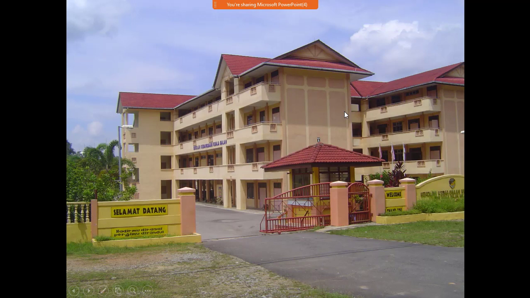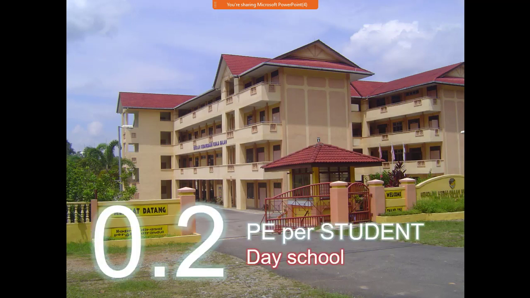Now for the school, if it is a day school, the usage will be from 7 to 1 p.m., maybe 2 p.m. maximum. So we calculate per student, and the PE per student is 0.2. If this school contains 500 students, that will be 500 times 0.2.